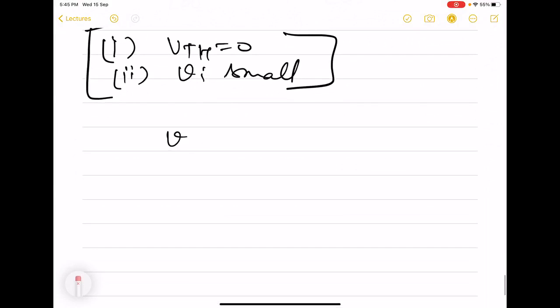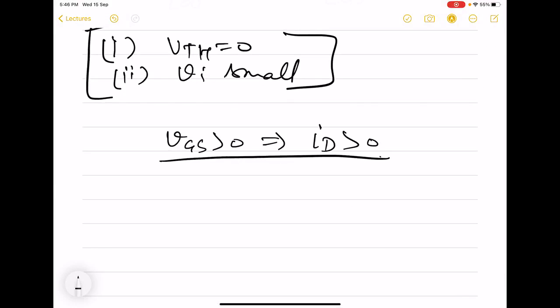VGS greater than 0 implies non-zero drain current, and only then, of course, can you get voltage. So as long as this condition is valid, we will say that MOS conducts.